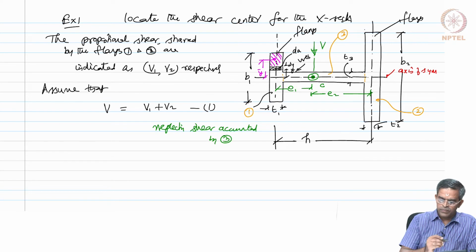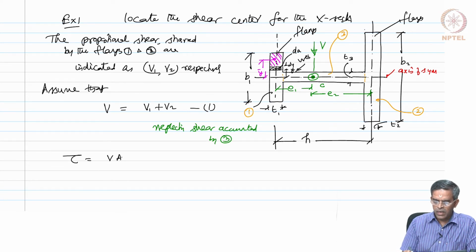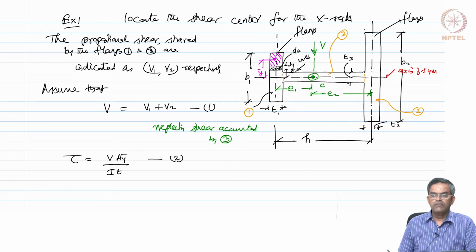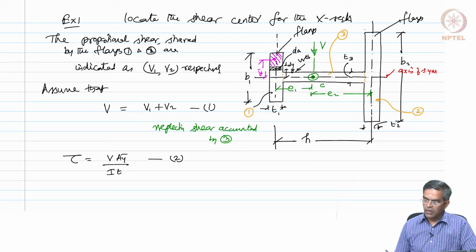Okay. Now, tau is V A y bar by I t, this known equation we just now derived. Let us put it a small a.